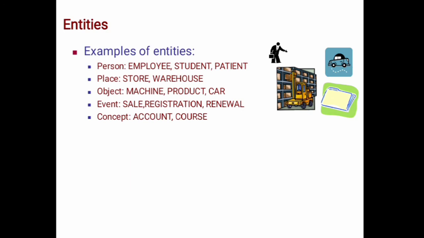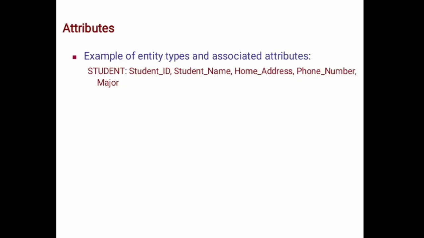Concept also has entities like account, courses. And there are some more entities with attributes, like student, an entity name which includes student ID, student name, home address, phone number, major, etc. These are all the attributes included in the student entity.